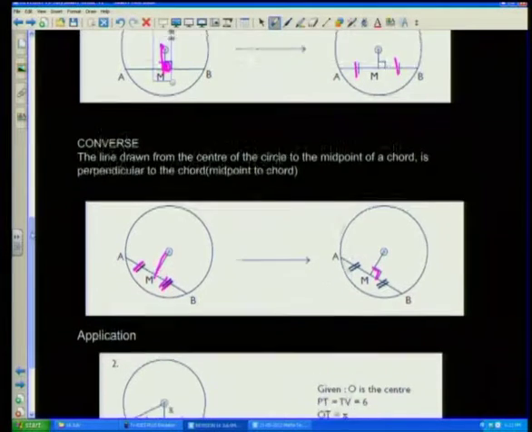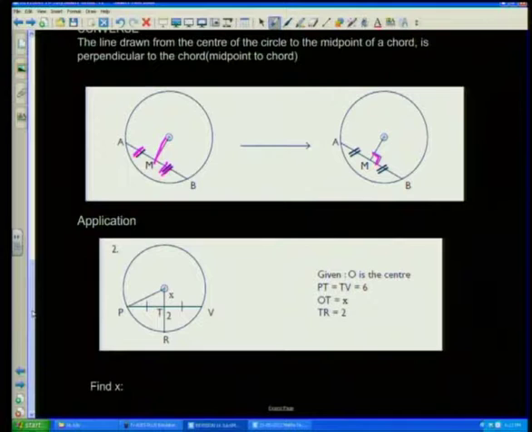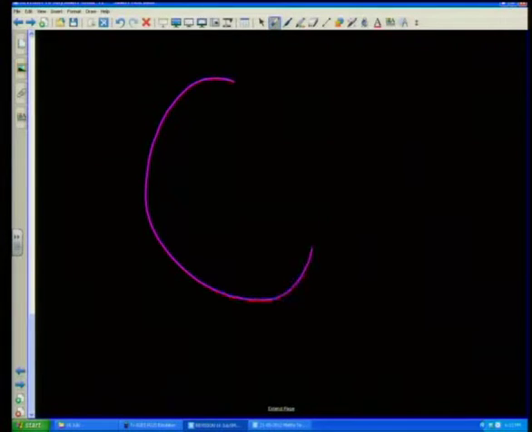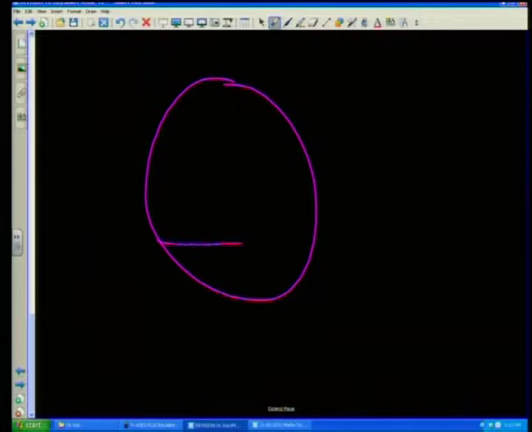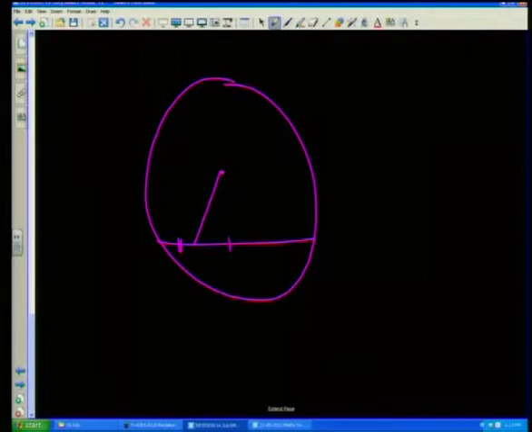Now, I want to just skip a little bit and go down and show you what this actually means. Let's just say I've got a circle and I've got a chord and I've got a line coming in skew. Can you see that there's no way on earth, even if I'd drawn that circle perfectly, that I could claim that this piece was equal to this piece?